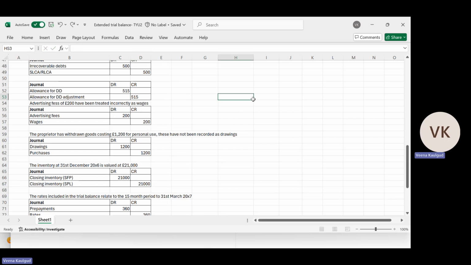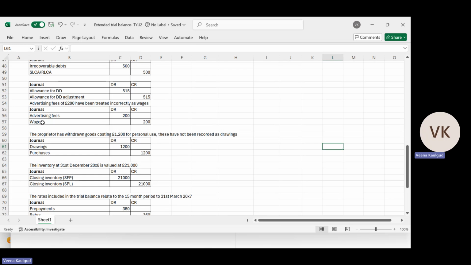Next one is that advertising fees of 200 have been treated incorrectly as wages. So if the advertising fees have been incorrectly recorded as wages, it means advertising expenses should have been originally debited, but what they have done is they have debited wages instead. So what was wrong, you credit, and what is now right, you debit.